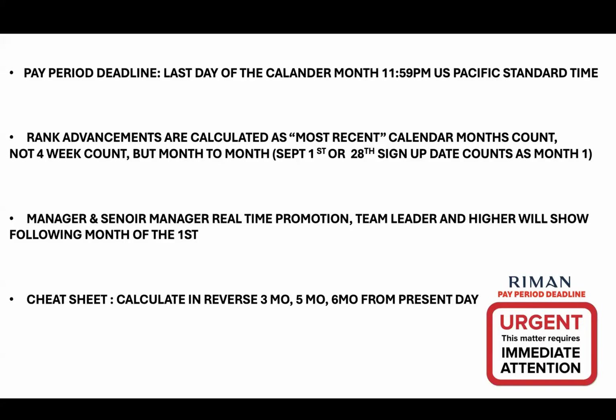When you rewind from your current month backwards, within those 3 months, 5 months, those are the calendar months that, if you accrued the qualifying points within them, qualify you and you get the job done. So that's a little cheat sheet for you to remember. Just from whatever calendar month you're in, calculate 2, 3 months or 5 months backwards, and then you'll be able to see how much cumulative volume you have done to calculate your rank advancement.